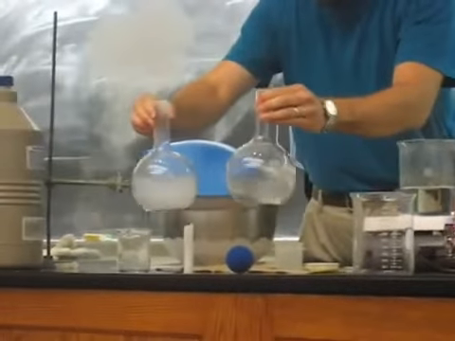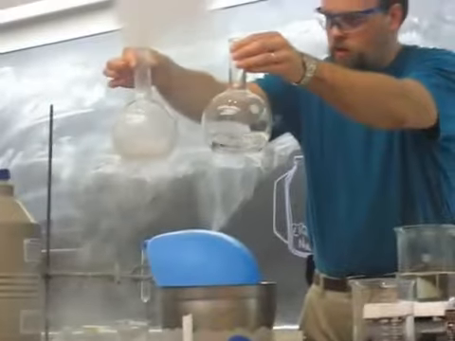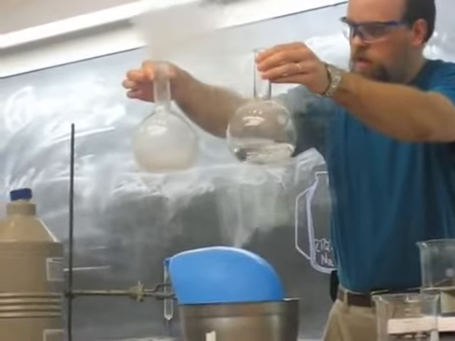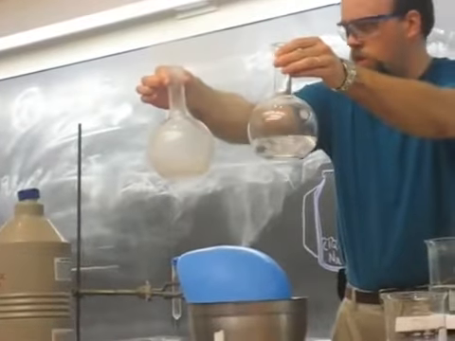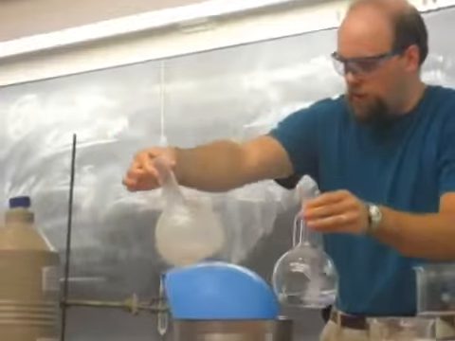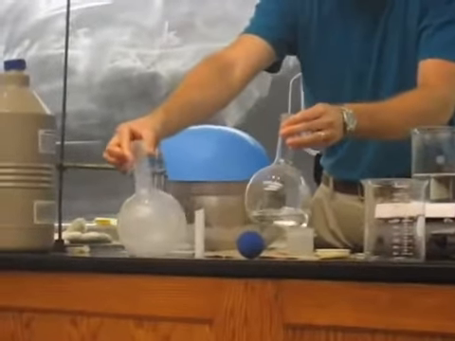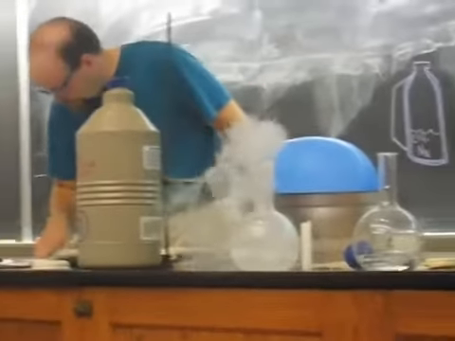And I can swirl these around and watch how long the liquid nitrogen continues to swirl compared to the water. Start the water over again and the liquid nitrogen will still be swirling around. You can actually see it boiling in there, I believe. Can you hear it? It's a boiling gas.